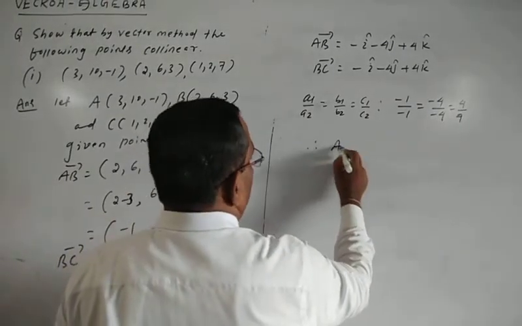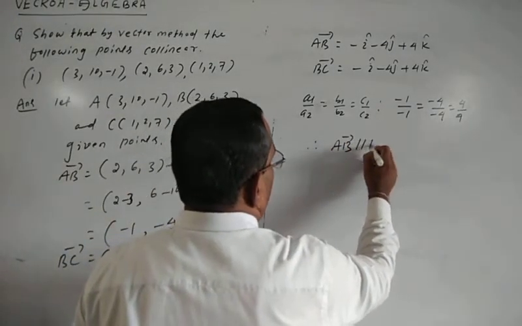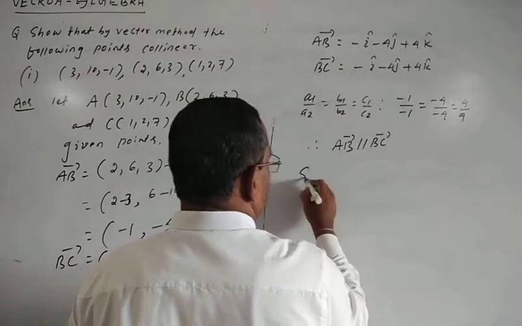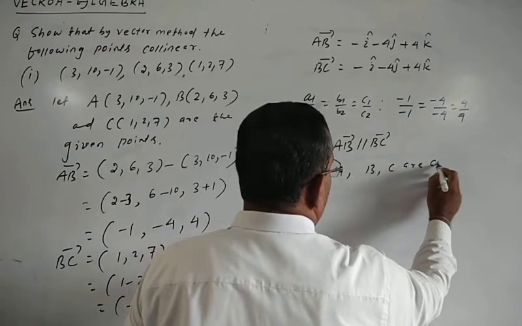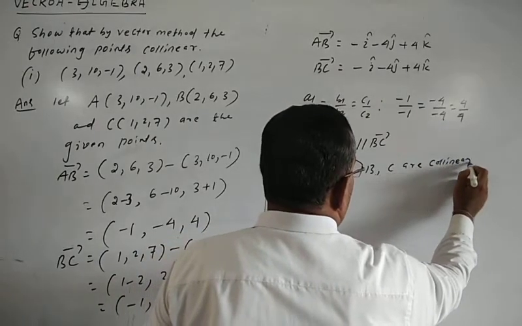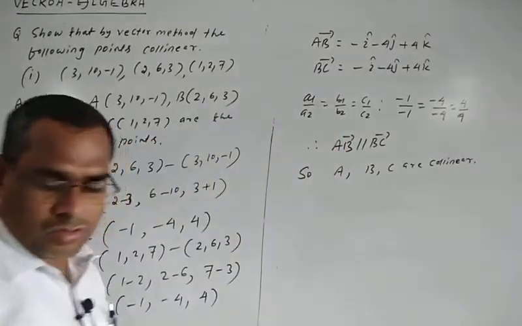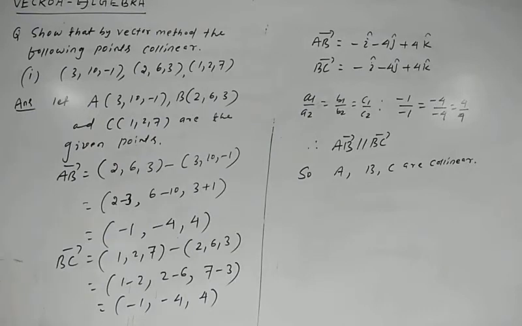Therefore AB vector is parallel to BC vector, so A, B, C are collinear. Collinear means you have to prove these are parallel.